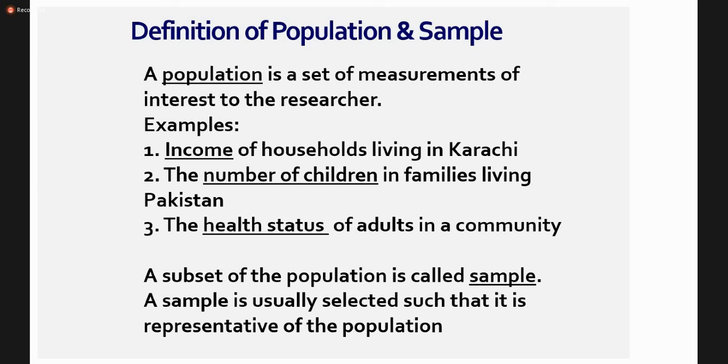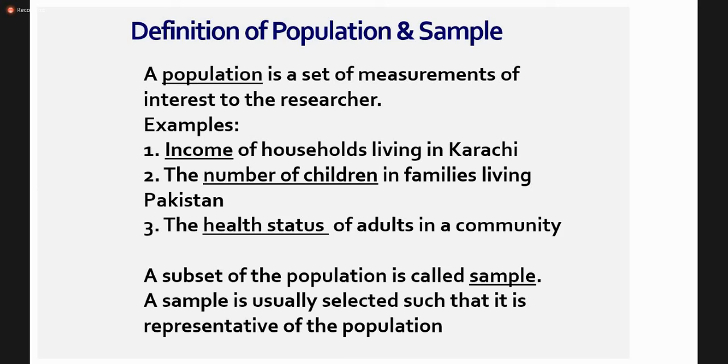So what is a population? Population, by definition, is a set of measurements of interest to the researcher. However, in general terms, we consider a population to be a population of people. But in the research sense, a population could be anything which is of your interest. For example, a population could be an animal population.